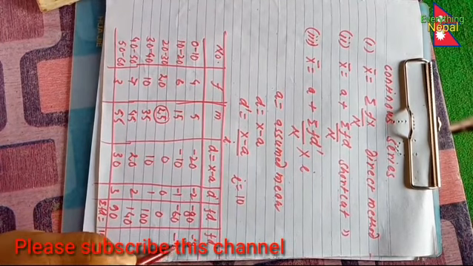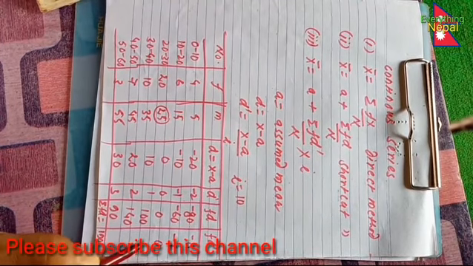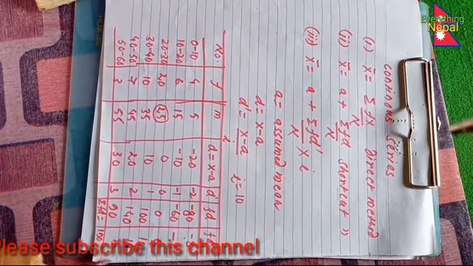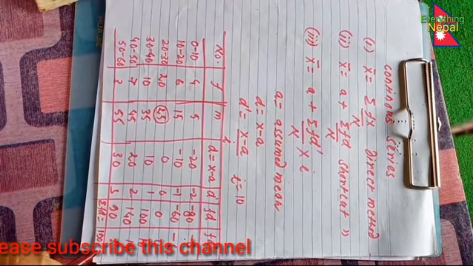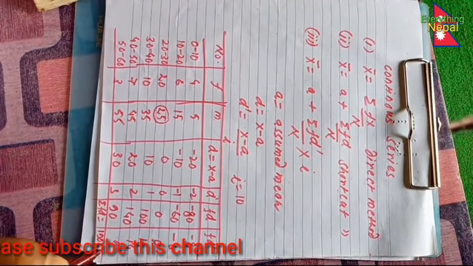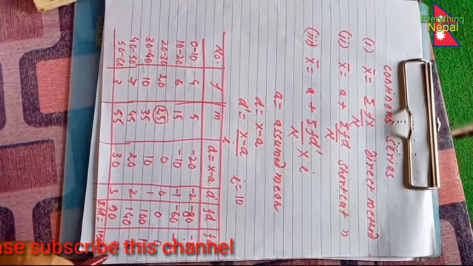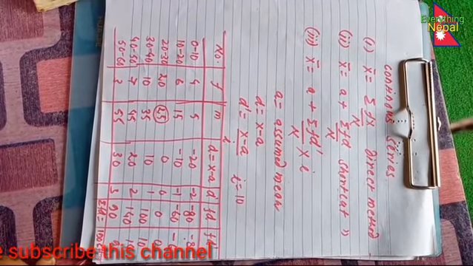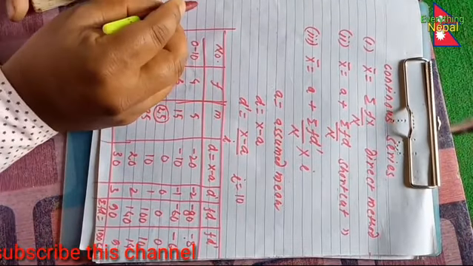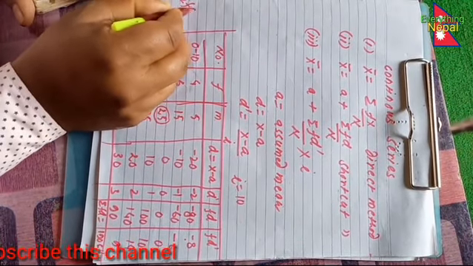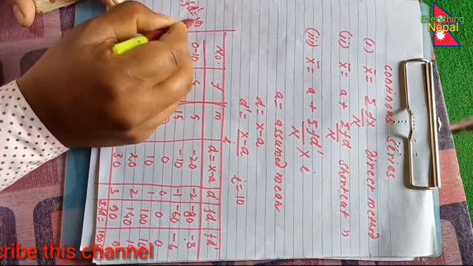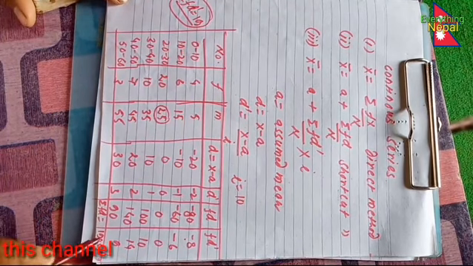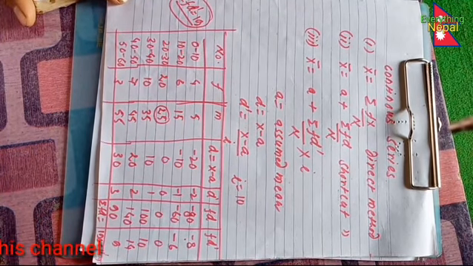Similarly, minus 6, 0, 10, 14 and 9. And the sum of fd prime becomes 19, that is, summation fd prime is equal to 19. And now let's do the calculation.